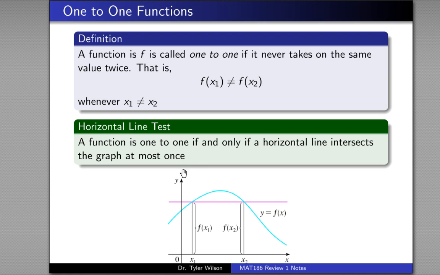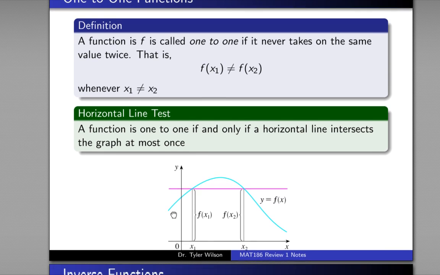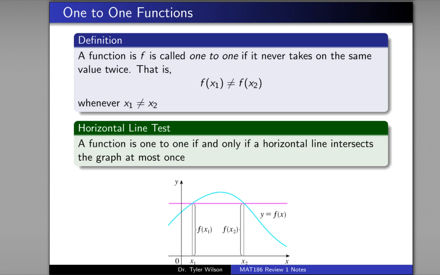We can check this when we have a function and we can graph it, like we can graph it here. If you want to check to see if a function is one-to-one, you can do it algebraically, but that's a little bit outside the scope of this course. So usually what we do in this course is, if we have a nice curve of the function, for example here, this is y equals f of x.